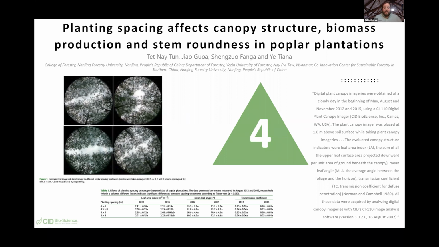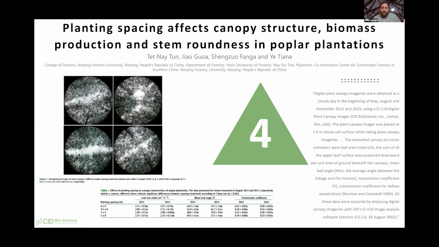And obviously, in these kinds of situations, the CI-110 was the more prominent tool used, because it's a very important application for looking at leaf area index, leaf angle, and PAR levels. Essentially what they did is use our CI-110 to take images 1 meter above the surface soil.